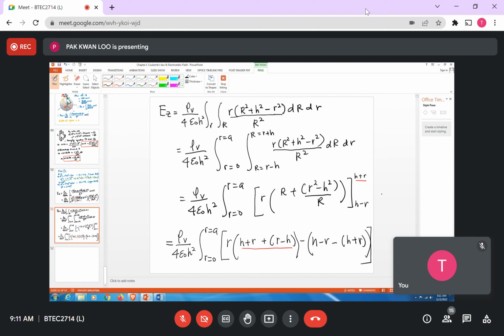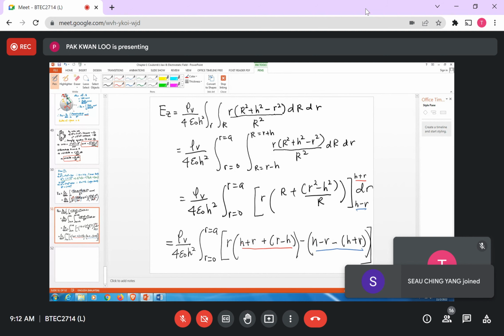We still have one dr here. This is where I substitute the lower limit into capital R. So these are the terms that I obtained. So I think it should be right.